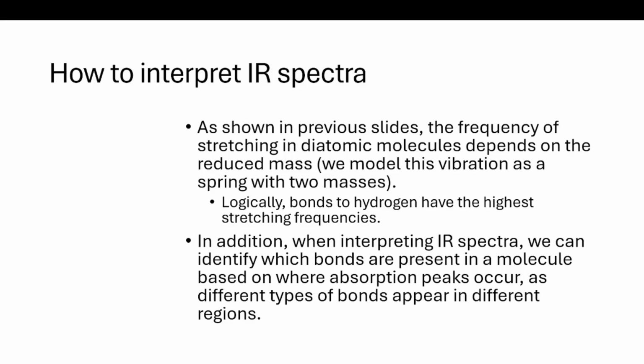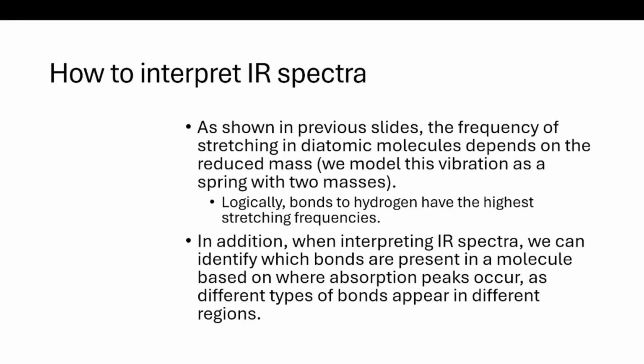Now, how exactly are we supposed to interpret these? As shown in our previous slides, the frequency of stretching in diatomic molecules depends on the reduced mass, because we model this vibration as a spring with just 2 masses.